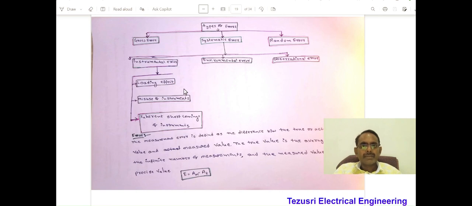Types of errors: gross error, systematic error, random errors. Systematic error is again classified as instrumental error, environmental error, observational error. Instrumentation error is due to loading effect, misuse of instruments, inherent shortcomings of instruments.